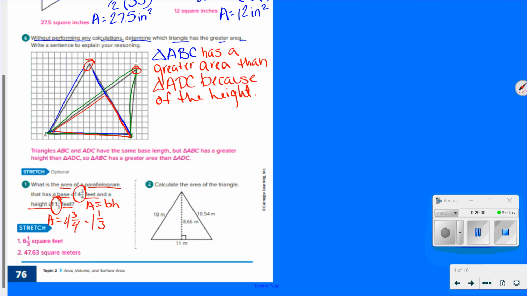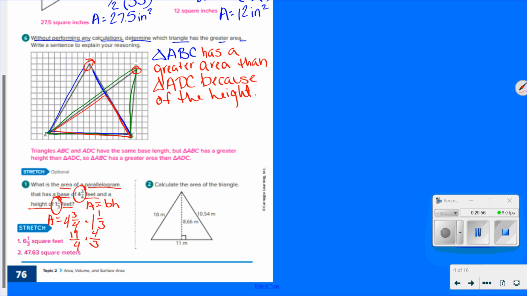What's the first thing I have to do? We need to turn it improper. 4 times 4 is? Plus 3? 19. So it's 19 over 4 being multiplied by what's 3 times 1? 3. Plus 1? 4 over 3.